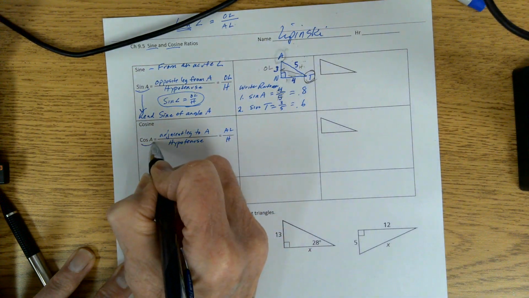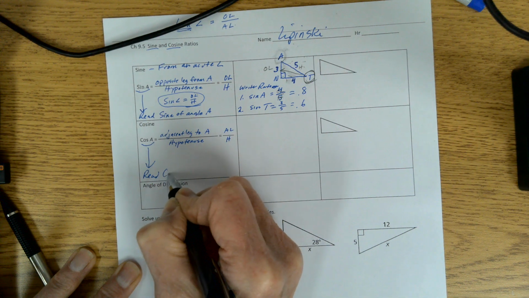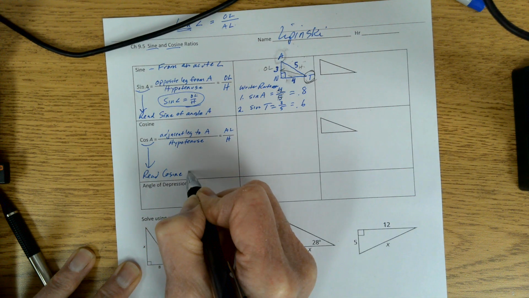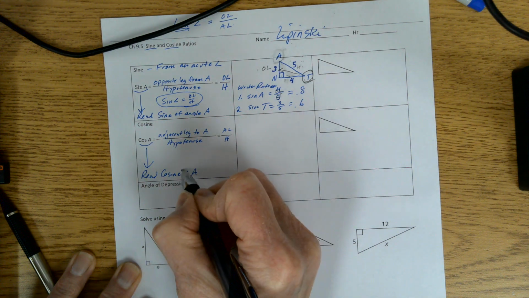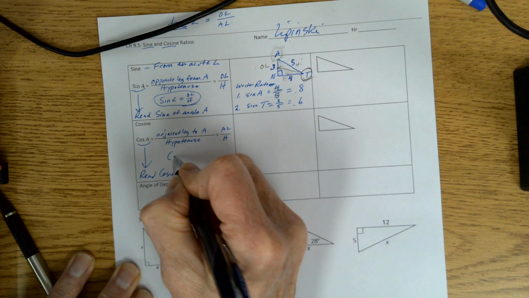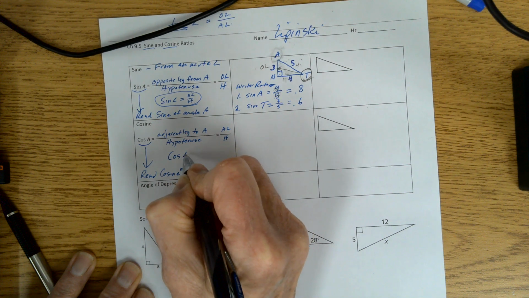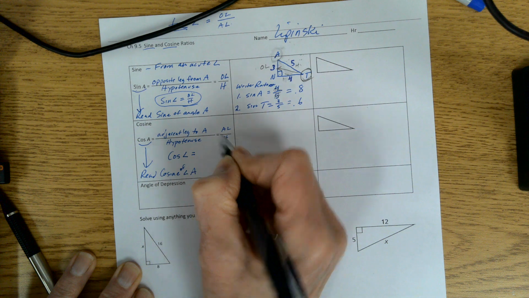We're going to read it as cosine of angle A. We should probably put "of". I'm going to write it in the beginning. Cosine of an angle, because the angle always goes here, equals adjacent leg over hypotenuse.